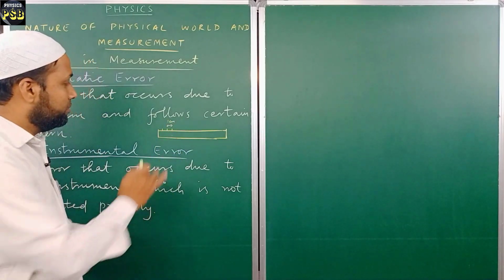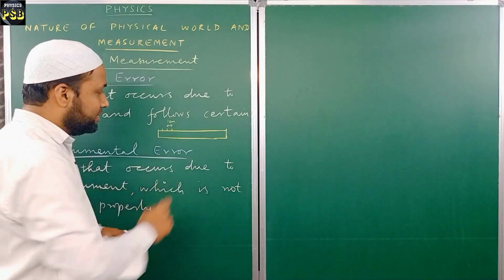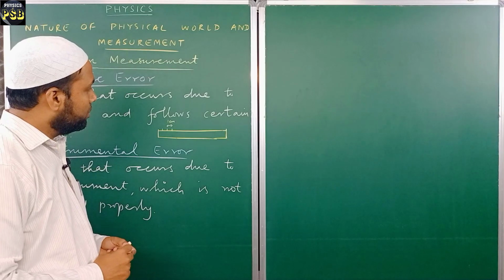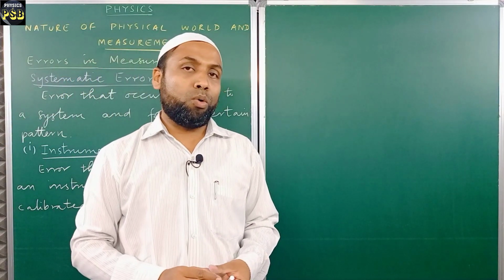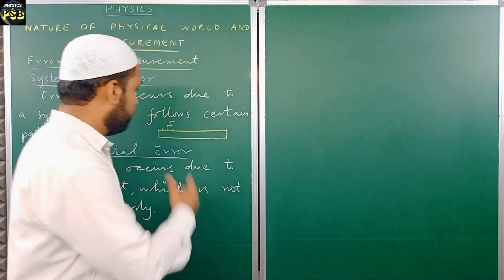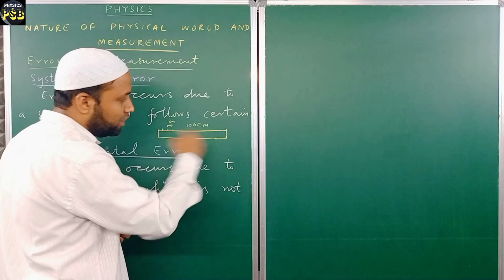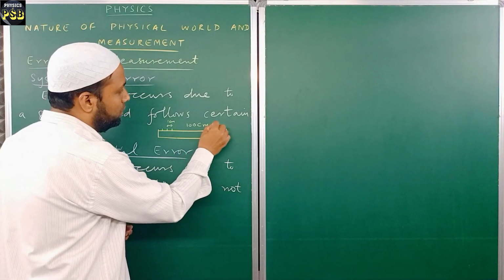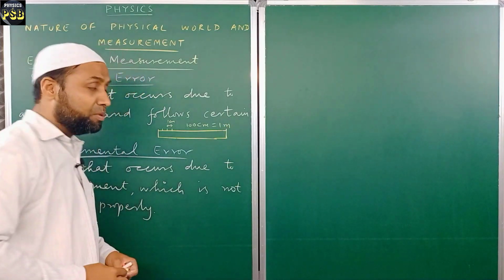So it will have 100 points, that is equal to 1 meter. We know the total length of the meter scale is 100 centimeters, which represents 1 meter.